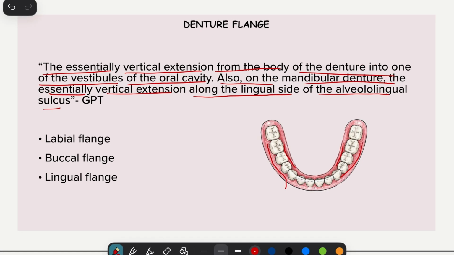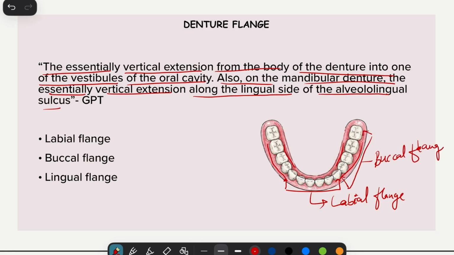The flange in the anterior region here is the labial flange. Then, the flange that is buccally is the buccal flange. Then, the flange which is towards the tongue is the lingual flange.